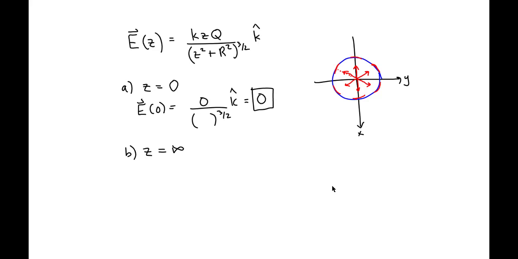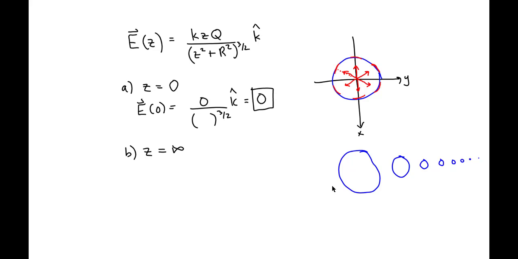So for example, if we are really close to that ring of charge, it is clearly two-dimensional. But if we go farther away, that ring of charge is going to look smaller and smaller, and eventually that ring of charge will look like a point charge.